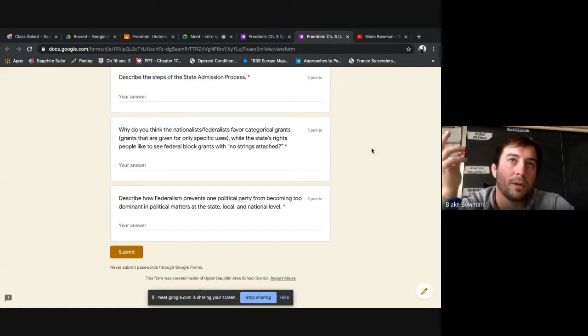Or we could use it to help with the heating and cooling of the building. Or it might be with textbooks, technology, whatever it might be. So the states' rights people think that money should be no strings attached just because they have a better insight, a better thought of what that money should be used for to help enhance the learning at that school.